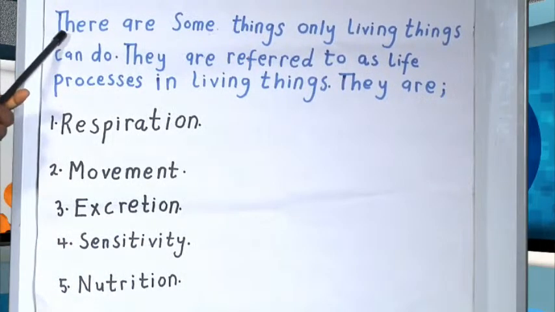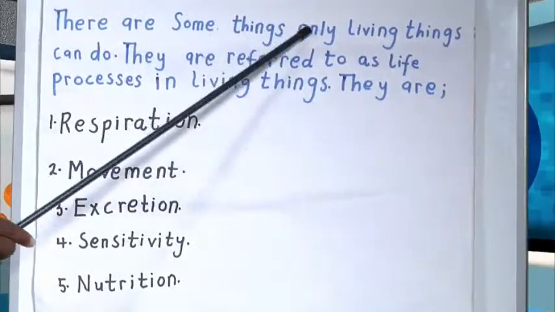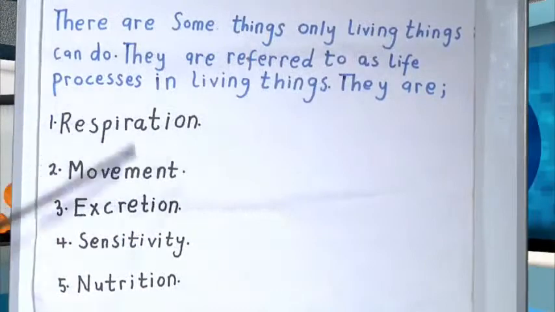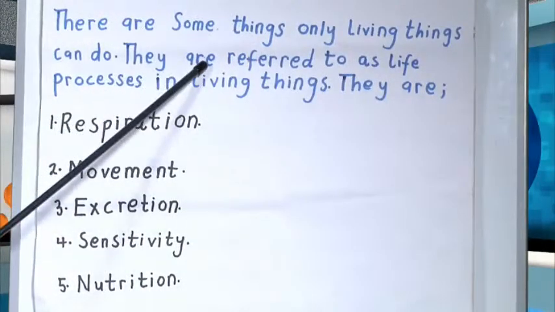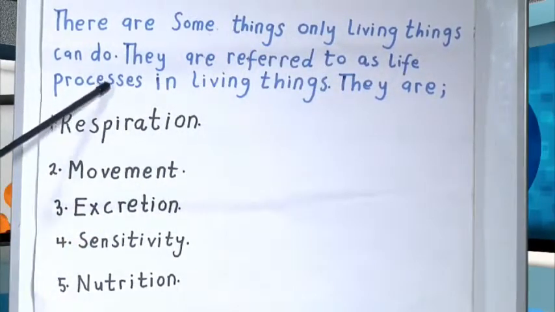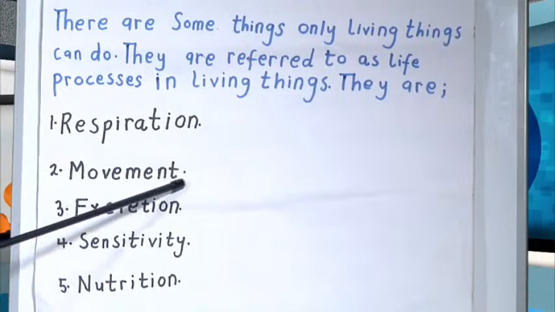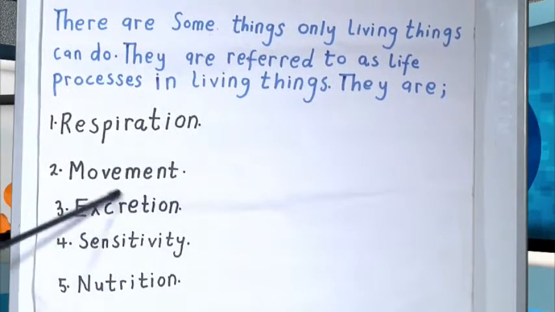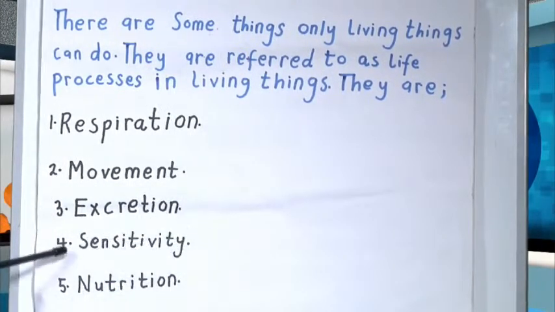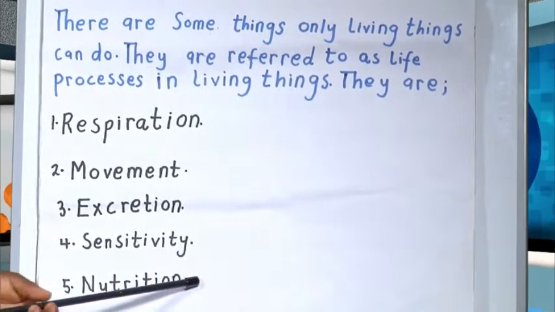So let's read again. There are some things only living things can do. They are referred to as life processes in living things. They are respiration, movements, excretion, sensitivity, and the last one, nutrition.